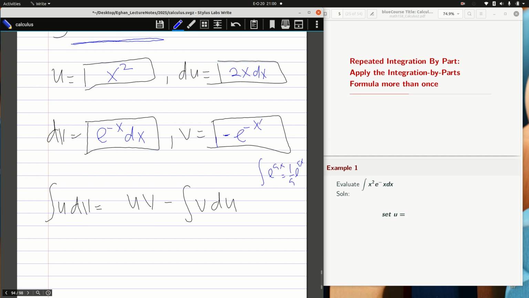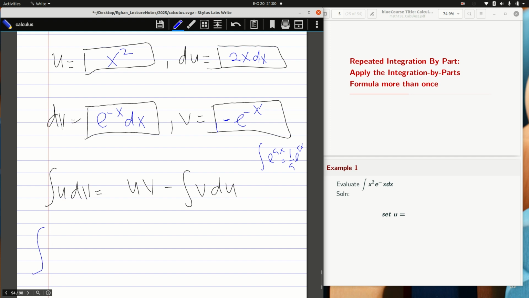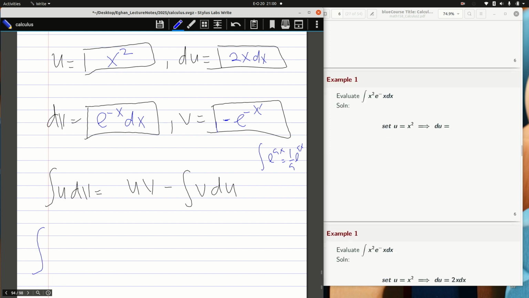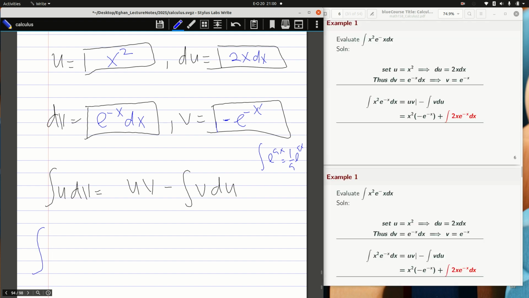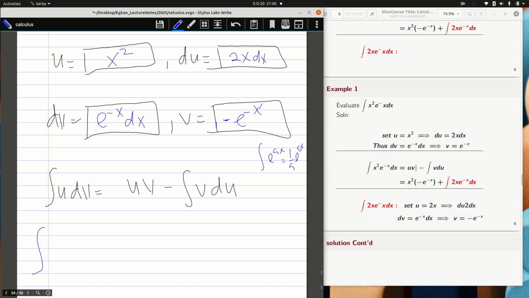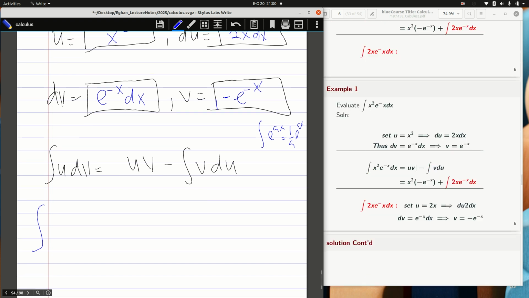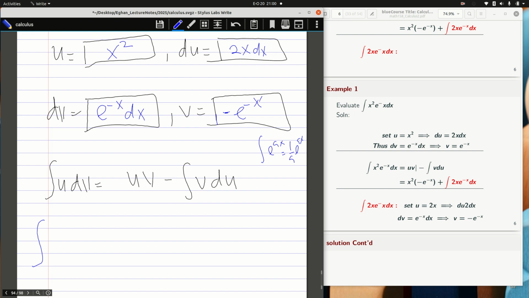So it means I have the integral. Probably I want to just set the entire slide down for you to follow. We are taking slide 6. Alright, so in the integral, u is x squared, and dv is e to the negative x dx. This is actually whatever your initial problem was given. It would always result in your initial evaluation.